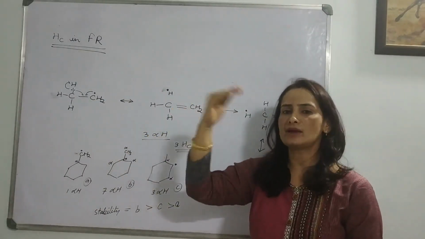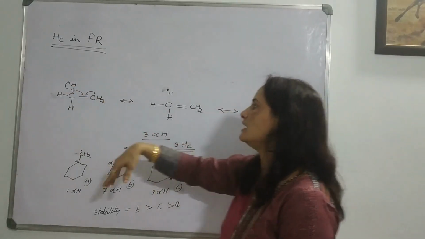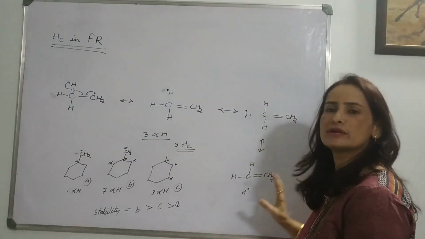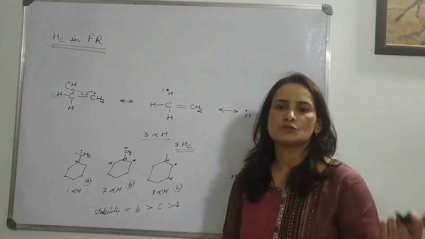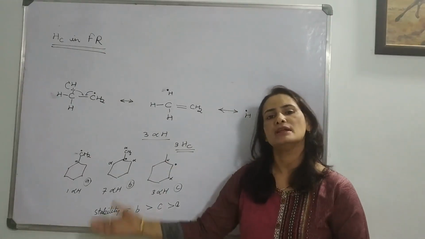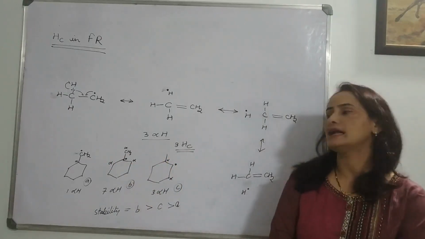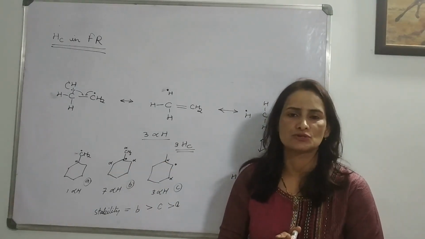So it will take only 1 electron from hydrogen and the rest will be transferred to the hydrogen to form another free radical hyperconjugative structure. Stability you can count in the same way as you were counting in alkene and carbocation. Count the alpha hydrogen and form the order. So this is all about the carbocation, alkene and free radical hyperconjugation stability.